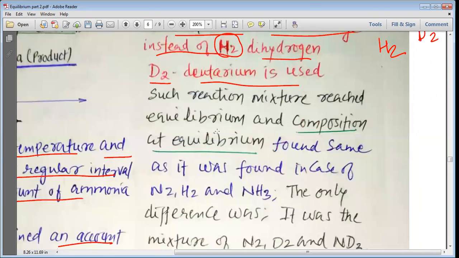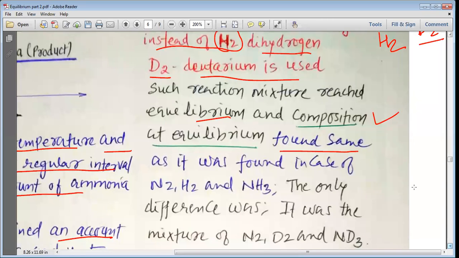Such a reaction mixture reached equilibrium. So instead of hydrogen, we have now performed the experiment with deuterium, and this reaction also reached an equilibrium, and the composition at equilibrium, that means the amount of gases present at equilibrium, that is the D2, N2 and ND3, was found the same.